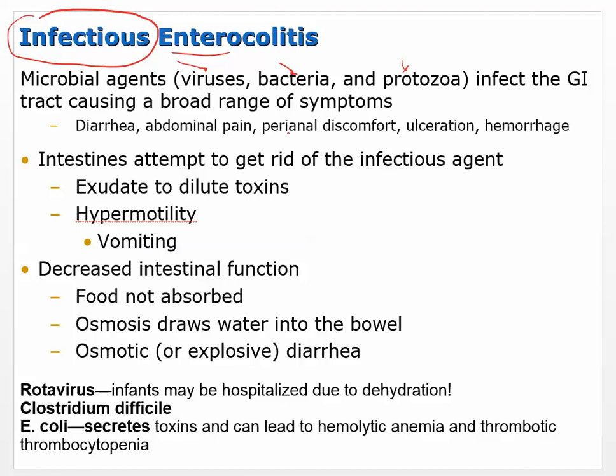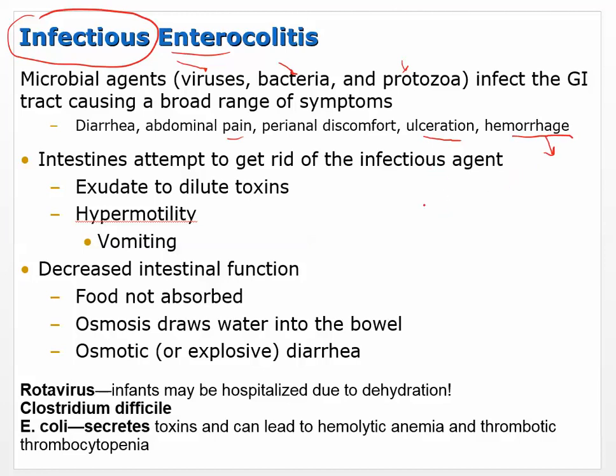Abdominal pain is another one that's often there. Perianal discomfort, ulceration can happen, and when you see ulceration, a lot of times that means that you could see kind of maybe some blood in the diarrhea. Hemorrhage is the bleeding. Okay, so intestines attempt to get rid of the infectious agent.